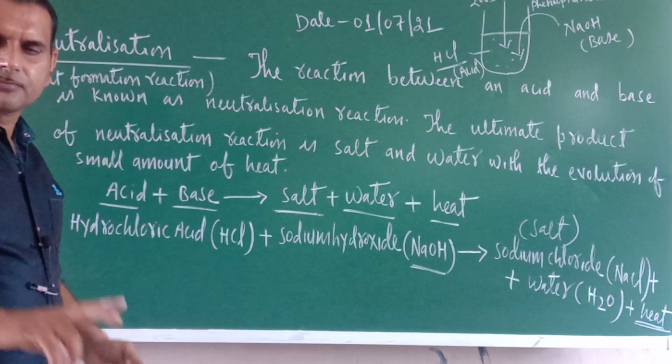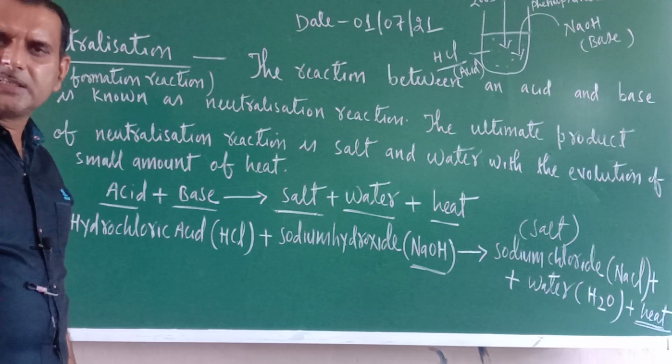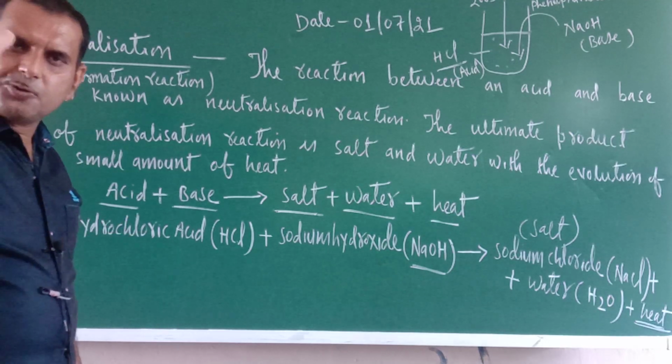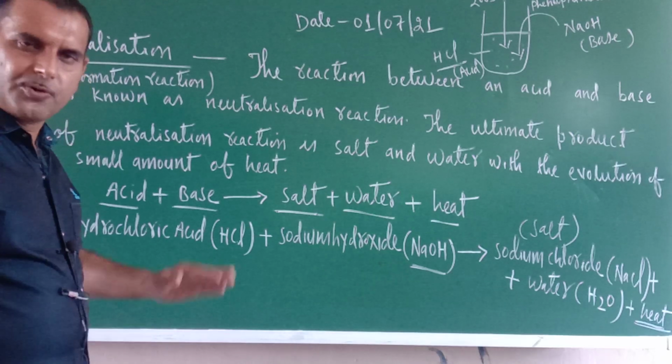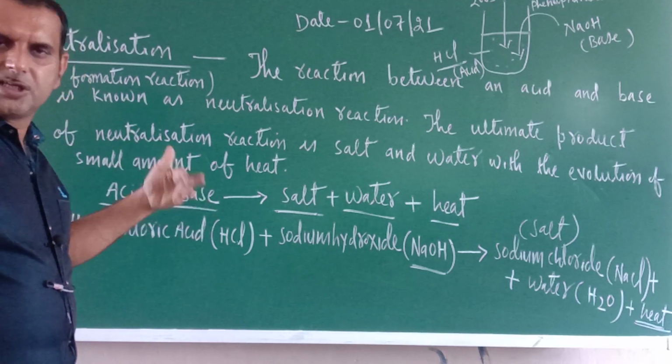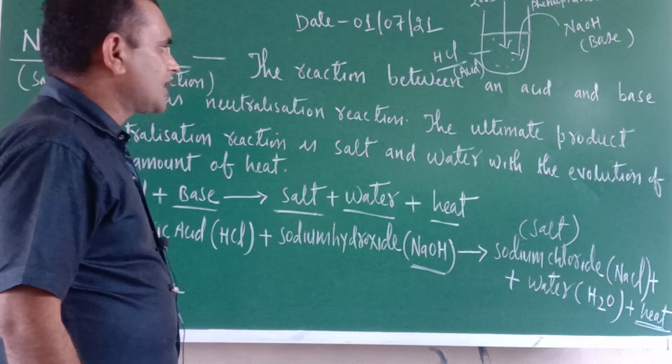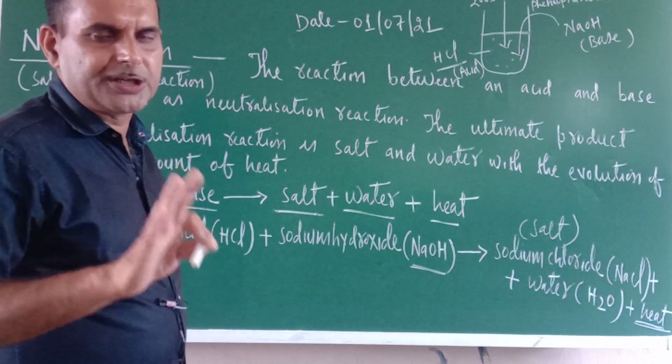Once again, during the course of neutralization, acid neutralizes base and base neutralizes acid. During this reaction, salt and water are formed with the evolution of a small amount of heat.